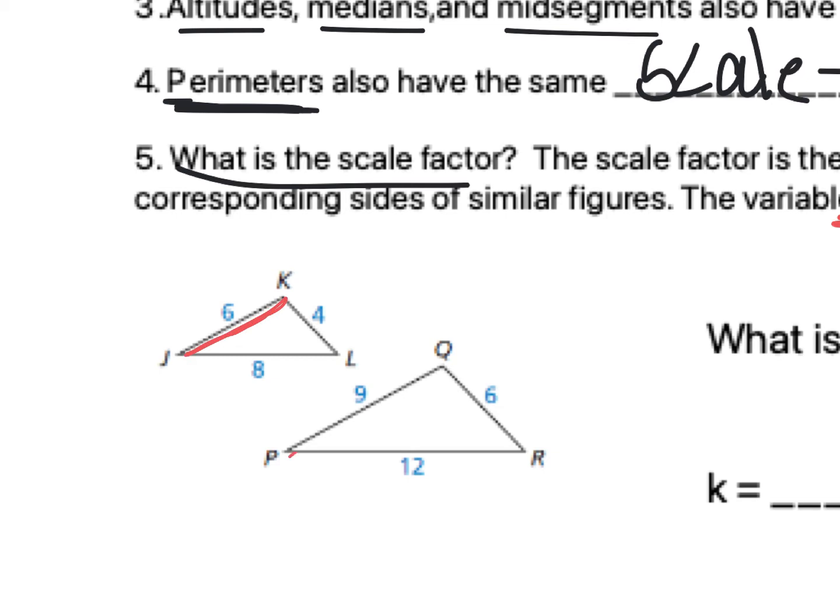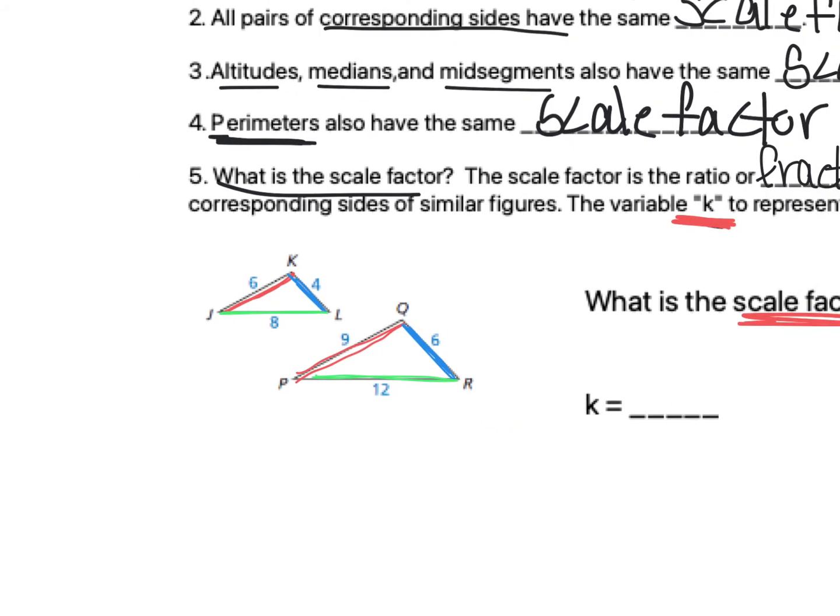JK corresponds to PQ, QR and KL correspond, and then JL and PR correspond to each other. So we could pick any pair of corresponding sides, and we should get the same fraction. So if we look at the reds, 6, 9, we're going to write that as a scale factor or a fraction, so 6 over 9. If we chose the blue, we would have 4 over 6.